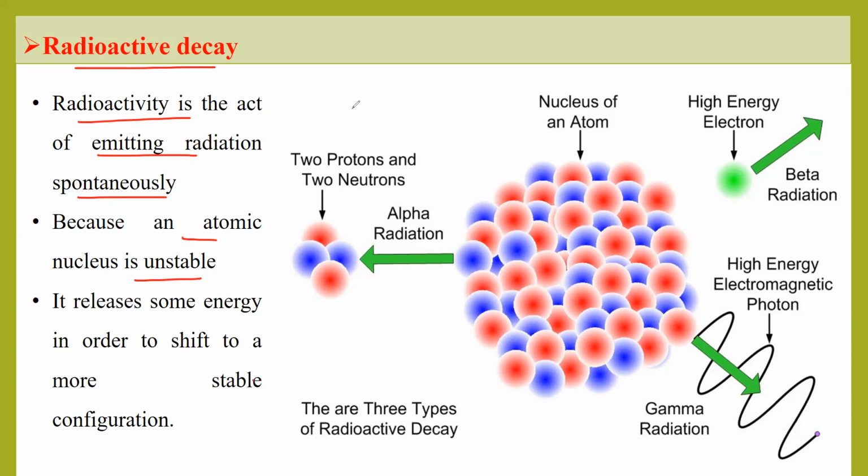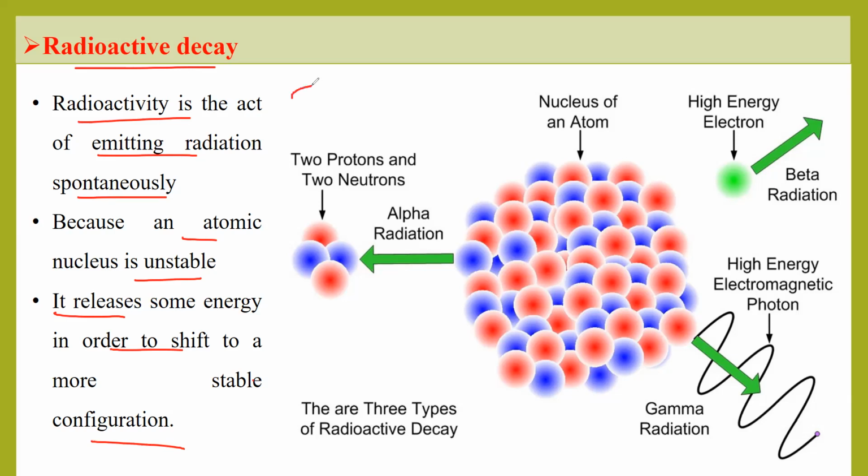How is an atomic nucleus unstable? When there is no minimization of repulsion between the protons and neutrons present in the nucleus, at that time the nucleus becomes unstable, and when it is unstable, it releases energy in order to shift to a more stable configuration.